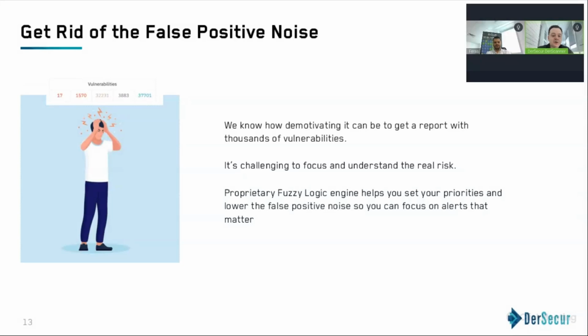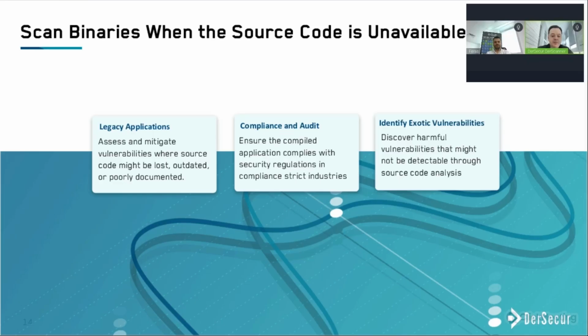It will filter out all the false positive findings, and you can focus on the first bunch of vulnerabilities, for example, like 1,500 or 2,000 vulnerabilities that have been filtered out with fuzzy logic engine. And it will mean that these are the most important ones. These are the most critical detections. And so you can start fixing those in the first place, and then you can actually adjust the settings of fuzzy logic engine and complete the whole cycle of fixing vulnerabilities in your application.